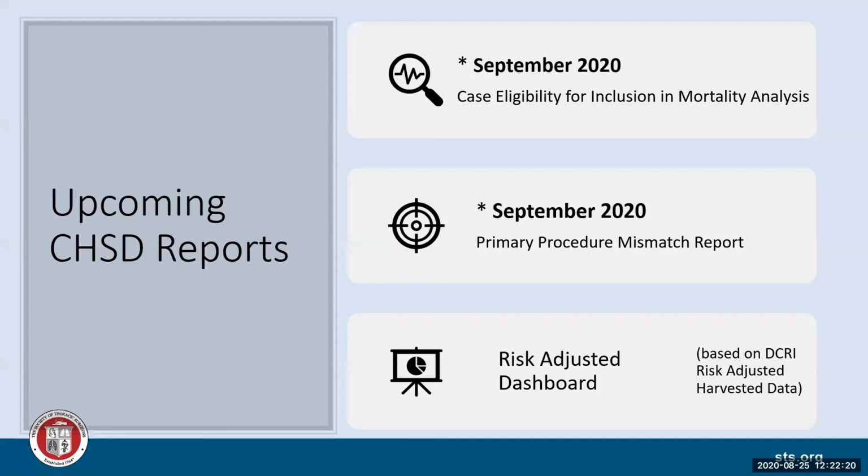And then, once we do the harvest close and the data is sent to DCRI, they will conduct the analysis on the data and then return that information to IQVIA, and we will be presenting those results in a new dashboard report, which will be the new risk-adjusted dashboard report. So that one is still going to be upcoming. So this slide will be updated the next time we go around.